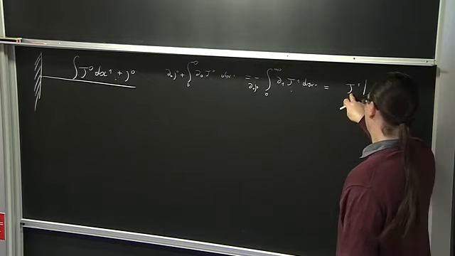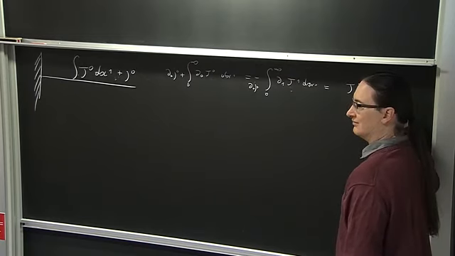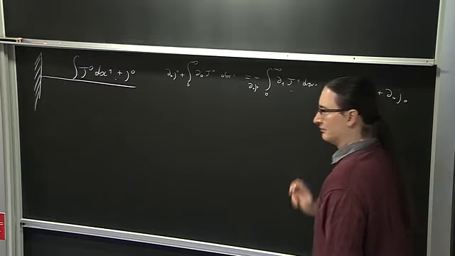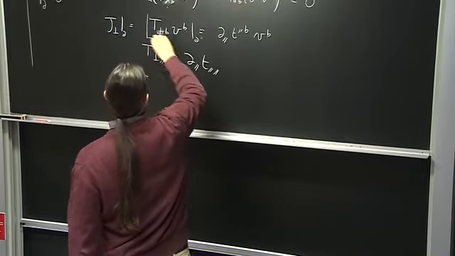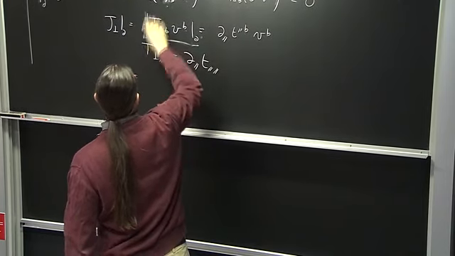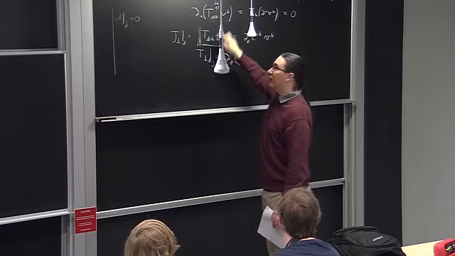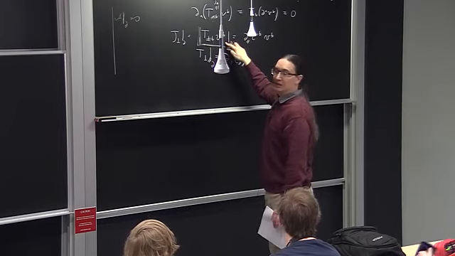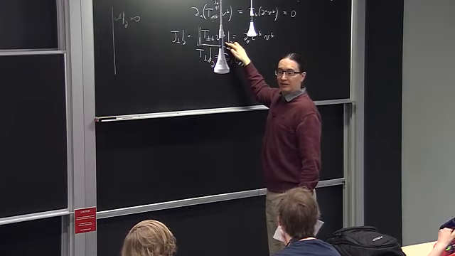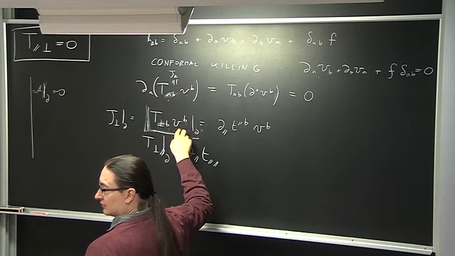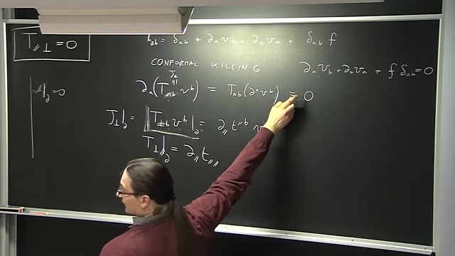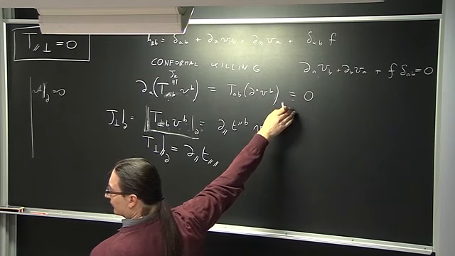And I'm happy as long as this is a total derivative. Okay. So I want to do the same thing here, where J is this. So I need the perpendicular component of this to be a time derivative of something for all choices of V that satisfy the conformal Killing equation.